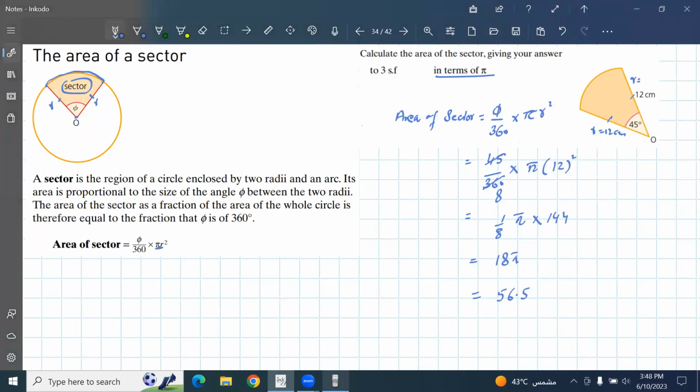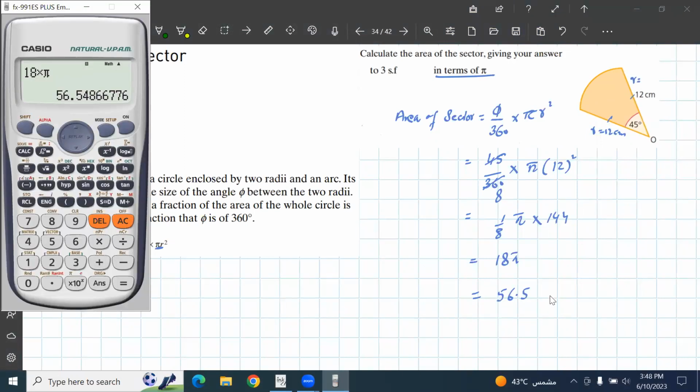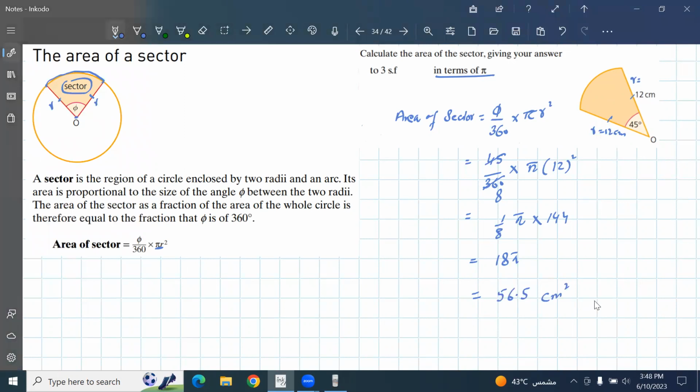This is three significant figures, and if the radius is in centimeters, then the area unit must be in square form. I hope you get it. We move on to the next question to solve a few more.